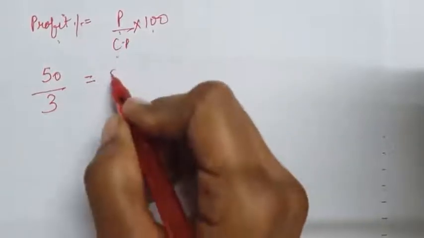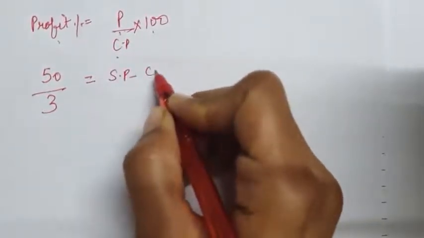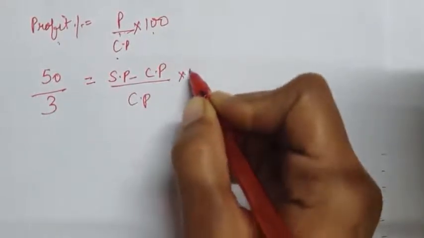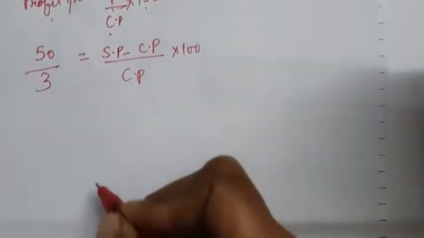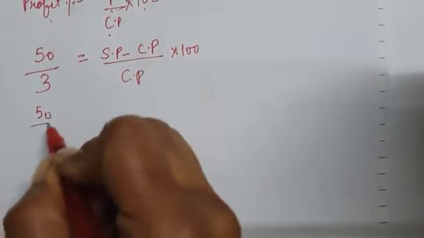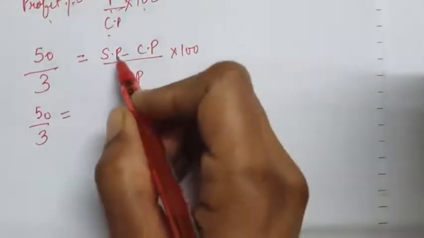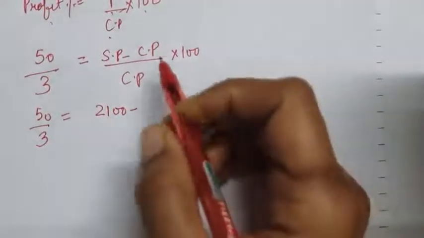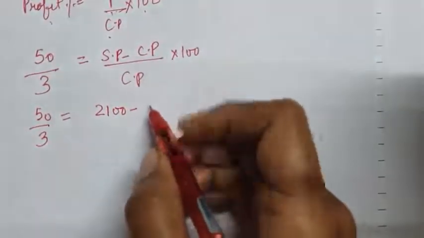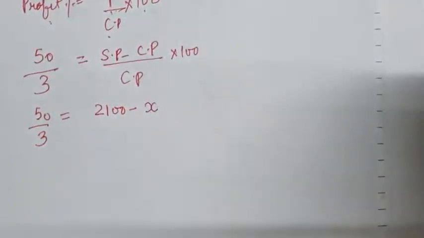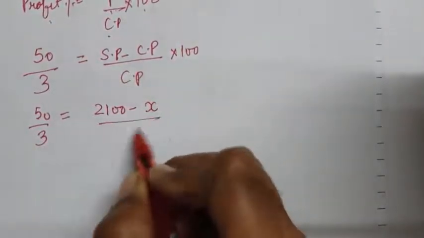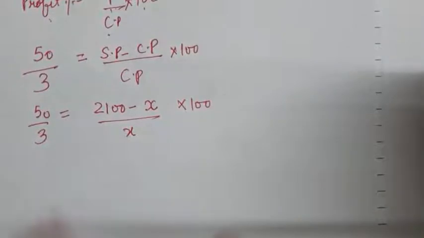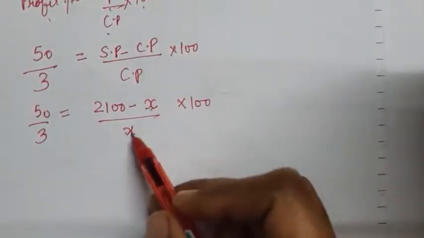Profit, that is selling price minus cost price, upon cost price, into 100. Now 50/3, selling price is given to you, 2100. Cost price we have to find out, so you can take it as x, upon x multiply 100.